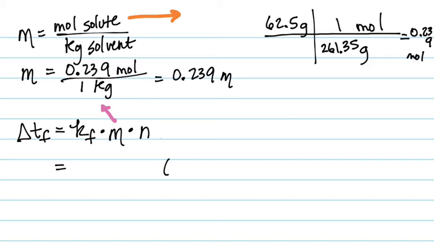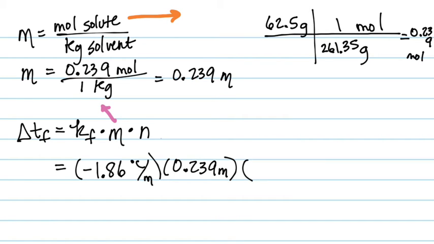So molality, 0.239. If I look at my freezing point constant of water, we know that the freezing point constant of water is negative 1.86. And again, that's coming from the chart, and it's got to be for our solvent, water. And then our value of N, as we discussed earlier, barium nitrate breaks down into 3 different ions.